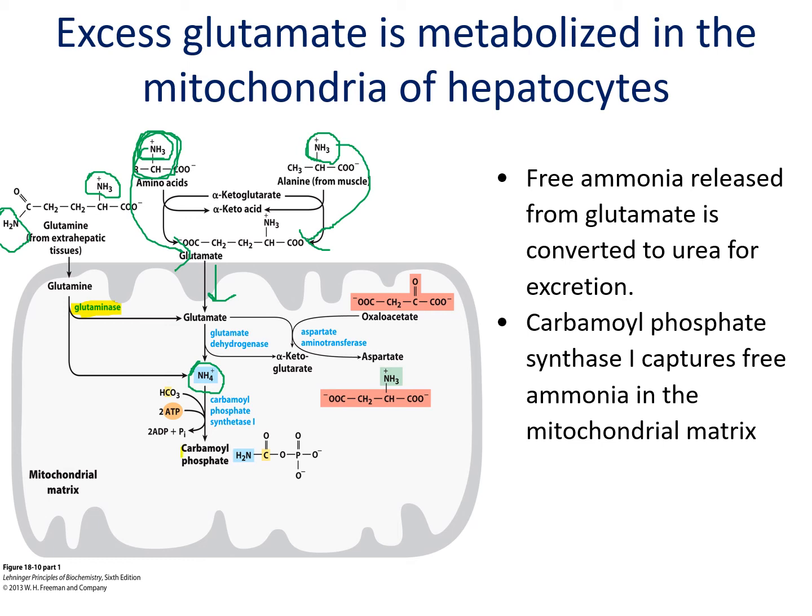That's where our carbamyl phosphate is created. We'll go over this in a little bit more detail in the next slide. But we're utilizing 2 ATP molecules, so it costs energy to actually process this ammonium. We take the ammonium, we add in this bicarbonate molecule, and we utilize 1 phosphate from an ATP, and we create a carbamyl phosphate molecule.